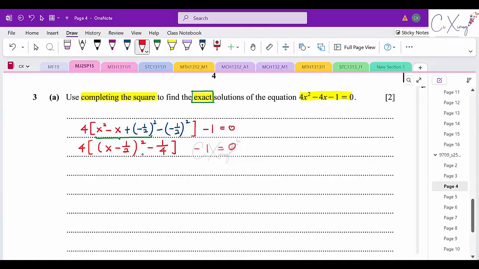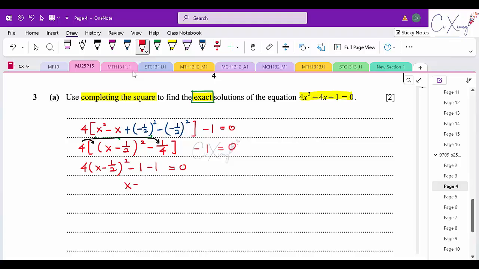So basically from here, we already successfully completed the square, right? Then to continue further, I want to multiply the 4 into the bracket, and I will have this minus 1, then minus 1 again equals to 0.